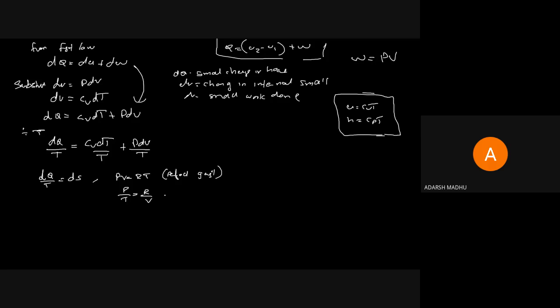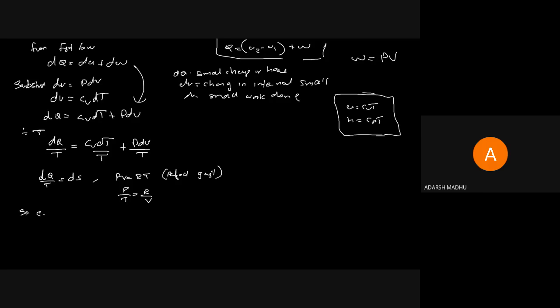PV equal to RT for a perfect gas. We know that PV equal to mRT, here mass equal to 1 kilogram, so PV equal to RT. Therefore, P by T equal to R by v. So we substitute P by T and dq by T as ds, and rewrite the equation.